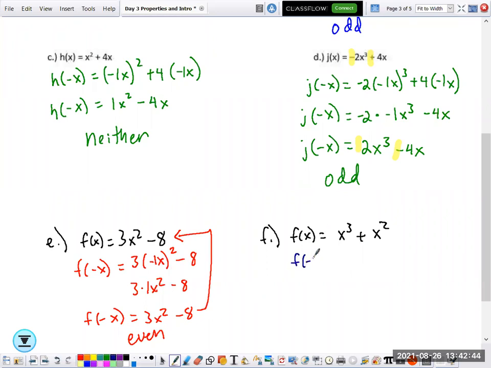So if I go negative 1x cubed, negative 1 cubed is negative 1. Oh wait, oops, typo. That must be squared on the outside. Negative 1 squared is positive 1, and then x. So let's see, this one's neither.